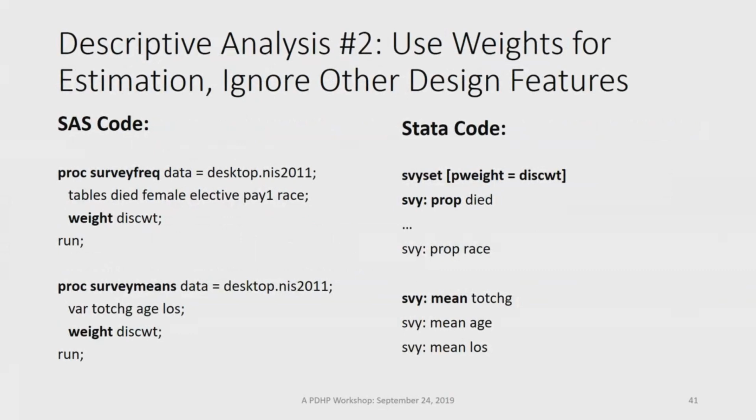I'm not declaring anything else. And then once I set survey set within Stata, I add SVY : to all of my standard analysis commands. That implements design-based analysis. That's all I have to do. It's one line of code followed by modifying the standard commands with SVY : That's it.